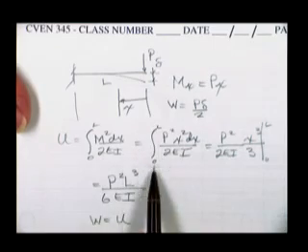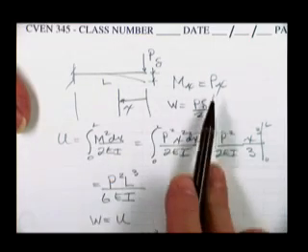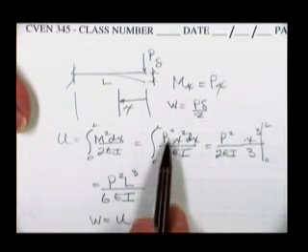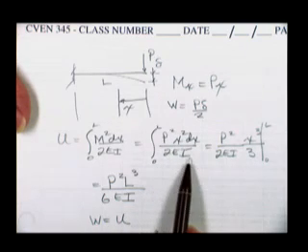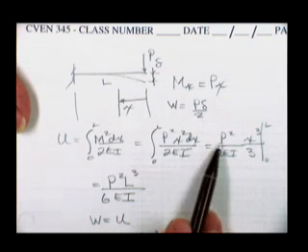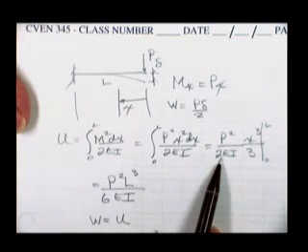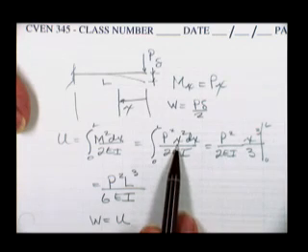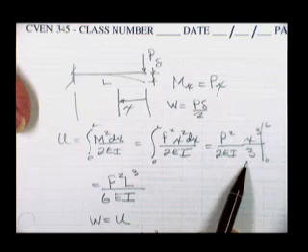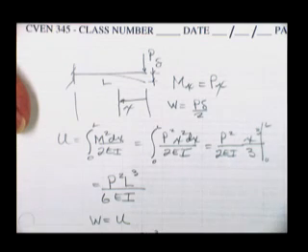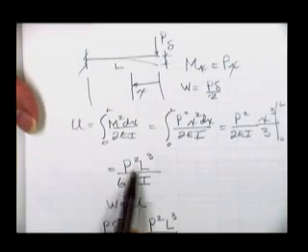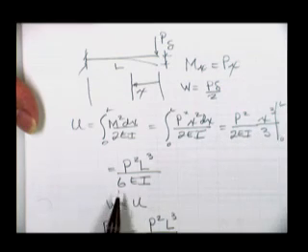It's equal to the integral from 0 to L. The moment is P times x, so that's P squared x squared, dx over 2EI. The load can come out, the 2EI can come out. Integral of x squared is x cubed over 3 from 0 to L. Is equal to P squared L cubed over 6EI.